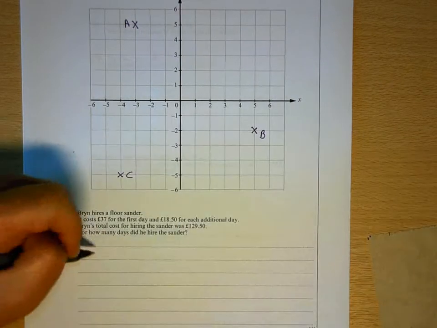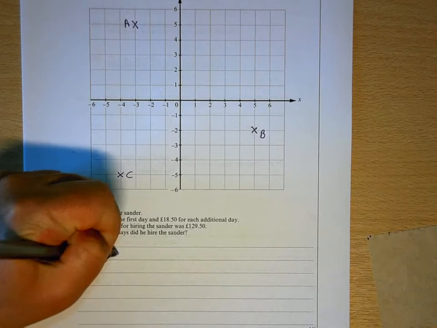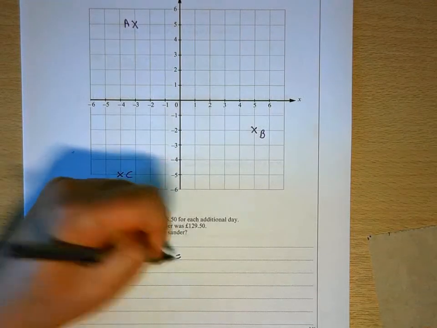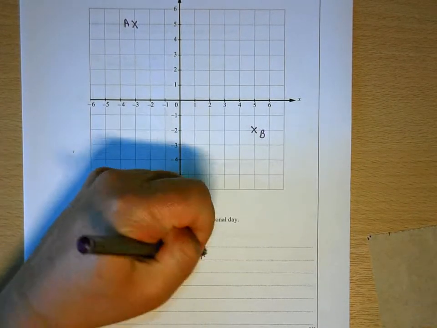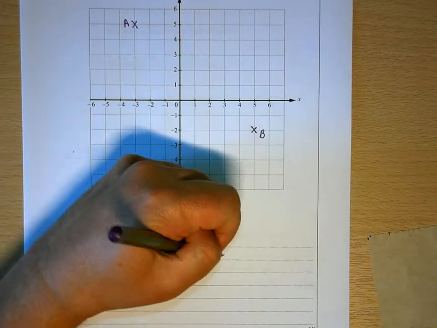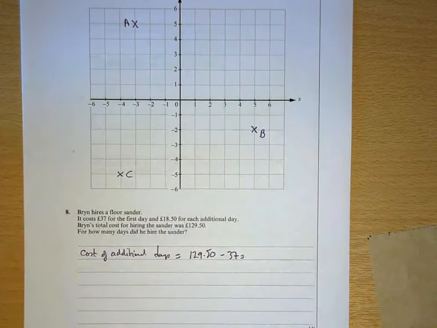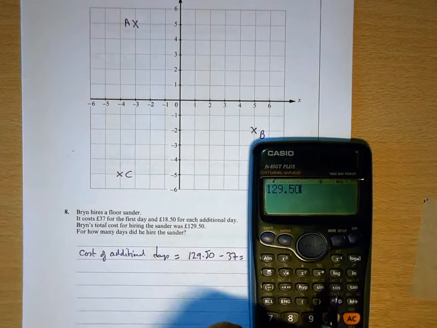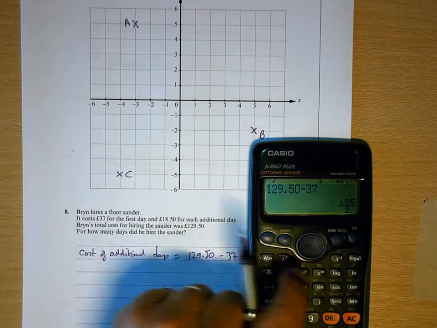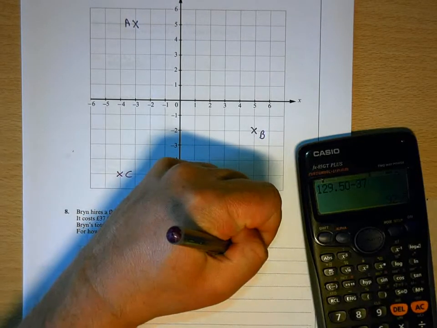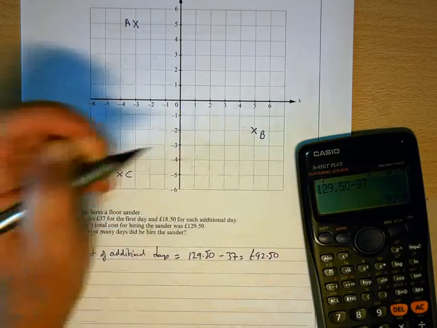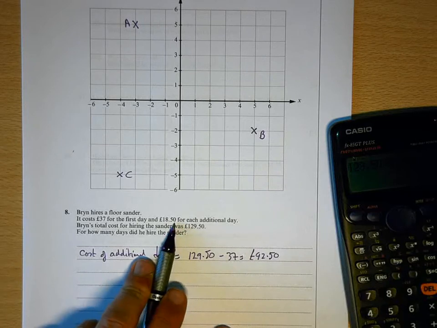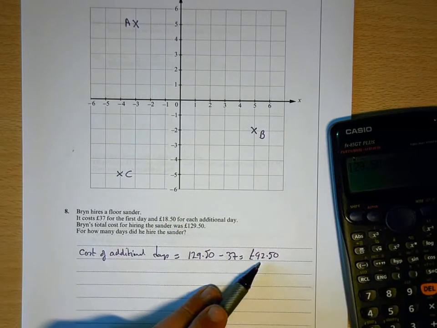Okay, so cost of additional days is going to be £129.50 less the £37 for the first day, which is £92.50. So now we know that each of the extra days is £18.50, and that in total those extra days come to £92.50.